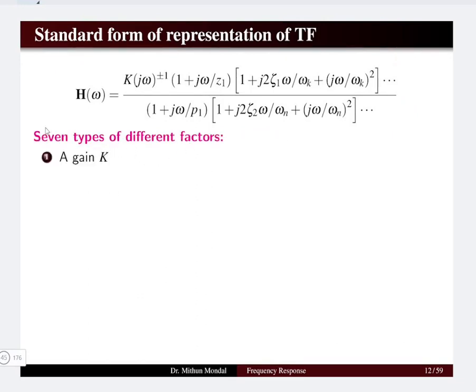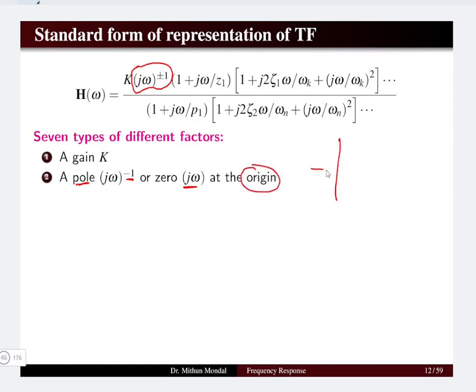Generally, 7 terms are involved in the standard form. We can see a term K here which indicates the gain of the transfer function. Second, we can see a term (j omega) to the power plus or minus 1. When we use the power minus 1, it means in the denominator we have a pole, and in the numerator we have a zero, that is j omega, and that is at the origin.